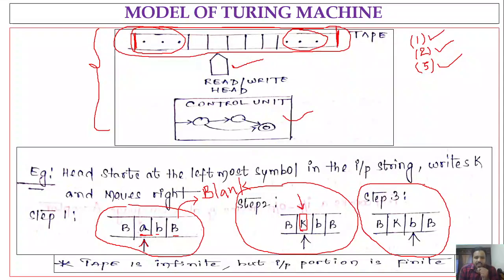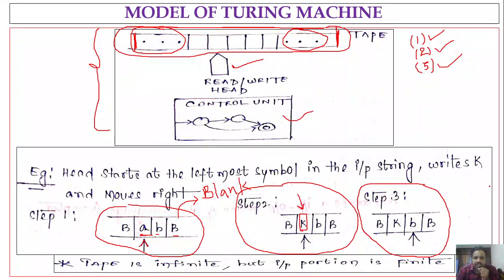In a particular state, if the Turing machine reads an input symbol from the input tape, it immediately performs the write operation on the cell from where it has read, and next it moves either left or right depending upon the transition function that is specified.